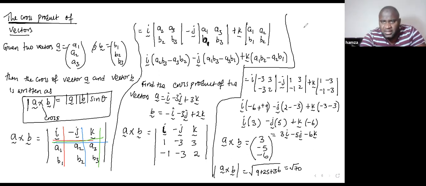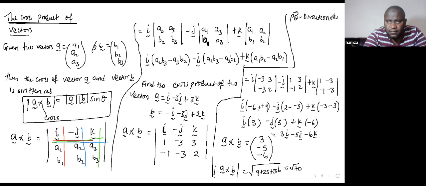Maybe the other note is to remember that if you're given a vector which is a direction vector, the direction vector PQ is the same as OQ minus OP. If I have PR, it is the same as OR minus OP.